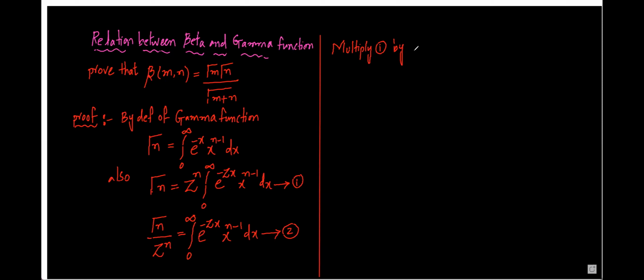So multiplying equation number 1 by z to the power of m minus 1, e to the power of minus z, and integrate with respect to z.